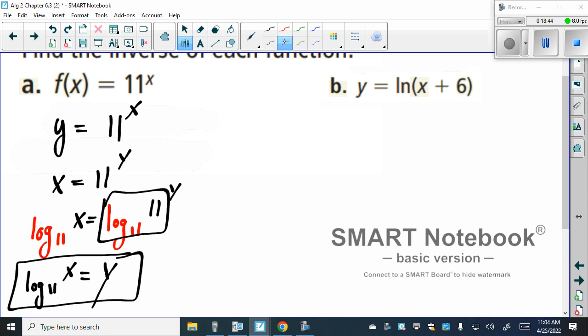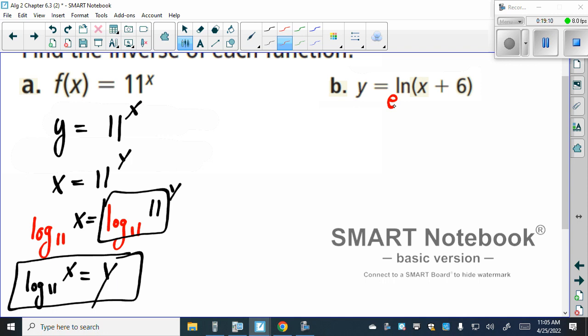So log base b of b doesn't really work here, but we did say b to the log base b would simplify. So if I put both of these to the base of whatever that logarithm has, then it would simplify out. Now a natural log's base is what? e. So e to the ln, as we've seen already, would simplify out completely.